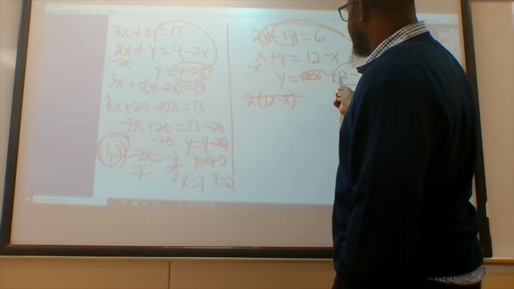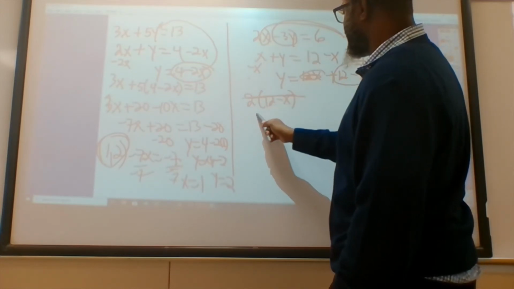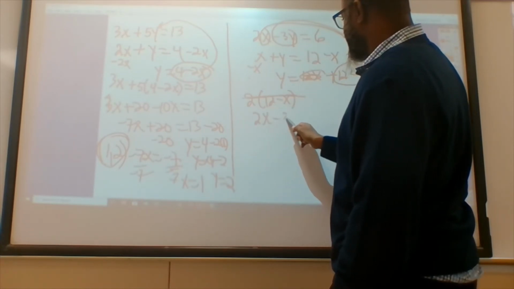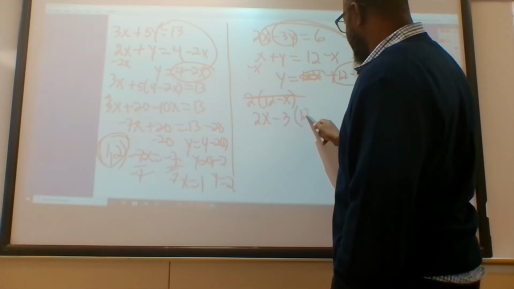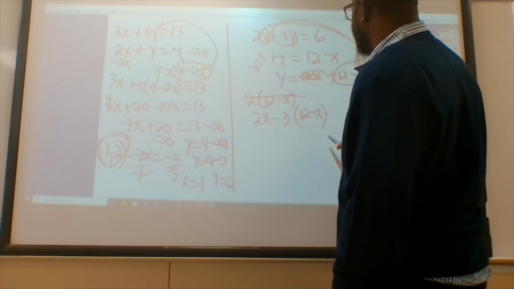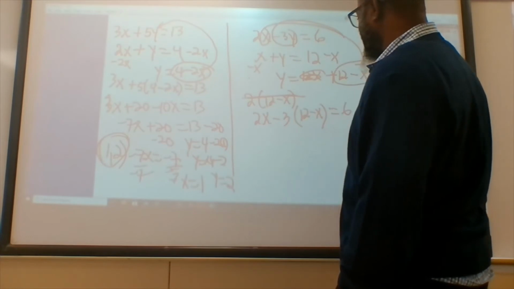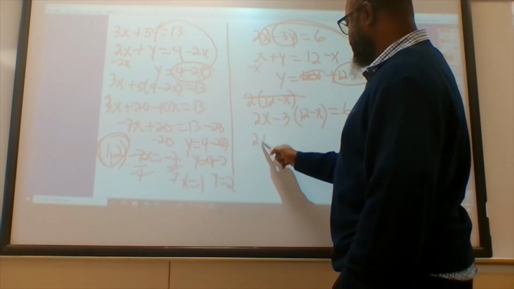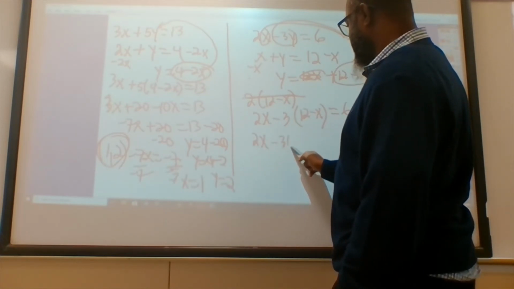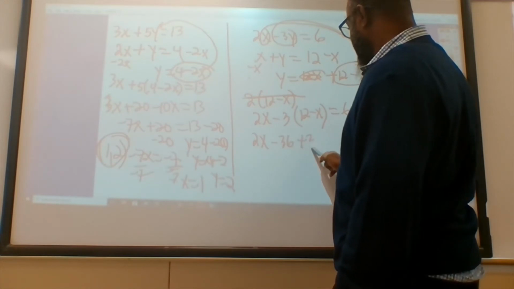I will have 2x minus 3 times 12 minus x is equal to 6. And I will have 2x minus 36 plus 3x is equal to 6.